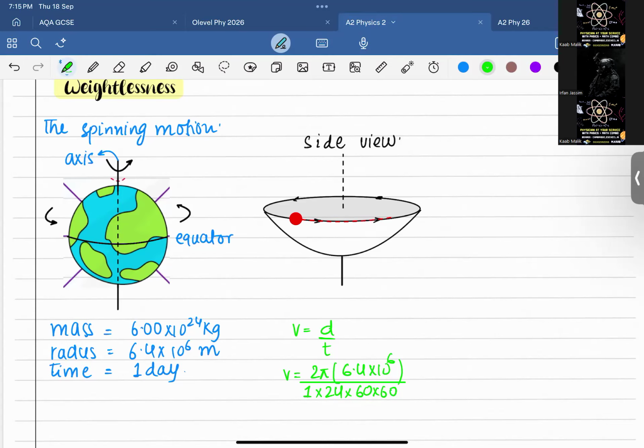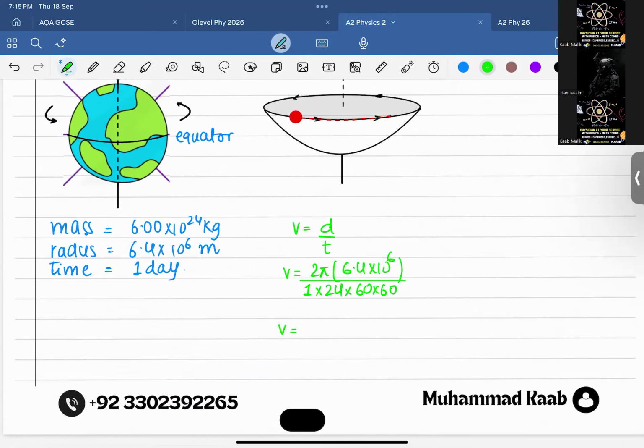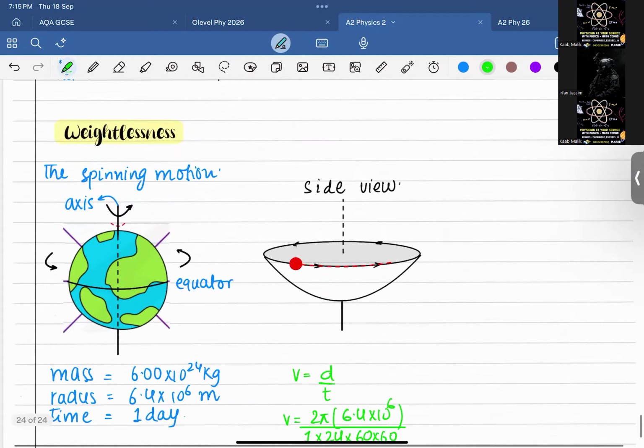It should be just hundreds. I'm getting 465. Are you getting 465? Yeah, I'm getting this. I think I put 10 to the power 24 instead because I saw mass. No, we have to put the radius. Yeah, okay, I got it. Now, the object is moving with this much speed, right?